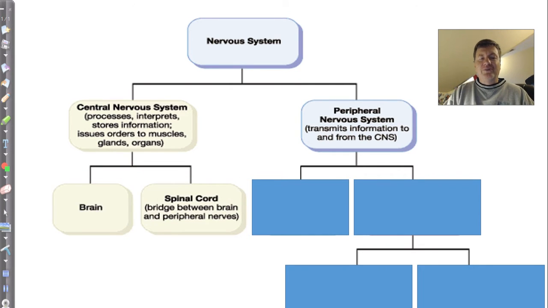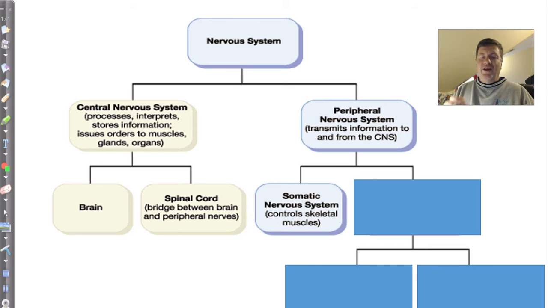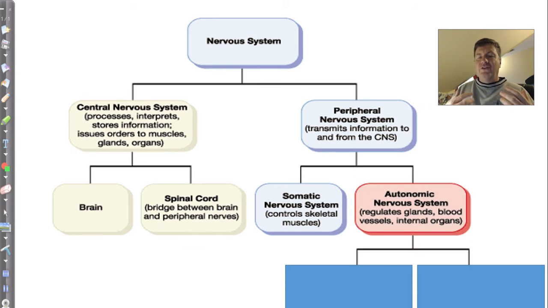The central nervous system, again, we can divide into the brain and the spinal cord, and you see the spinal cord is listed as the bridge between the brain and the peripheral nerves. We can divide the peripheral nervous system, though, up some more into a somatic nervous system, that is the voluntary nervous system, that which you have control over, and the autonomic nervous system, that which you do not have control over.